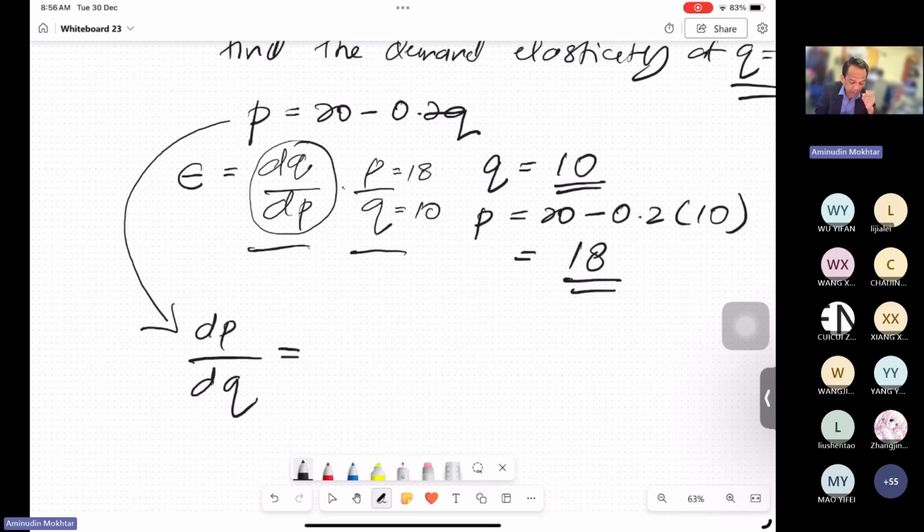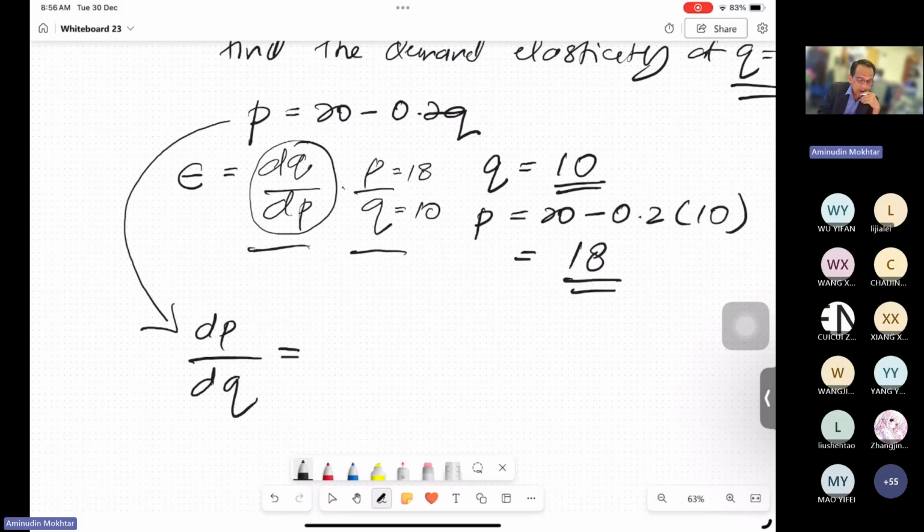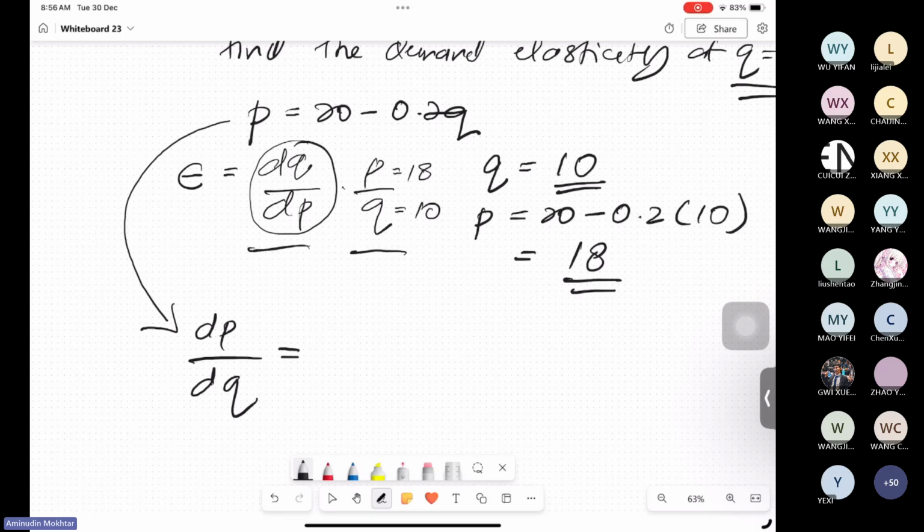So from this equation, P equal to 20 minus 0.2Q, we can find dP/dQ. From this equation, we have 20 minus 0.2Q. So dP/dQ equals negative 0.2, because we have a constant 20, and the first derivative of a constant is 0.